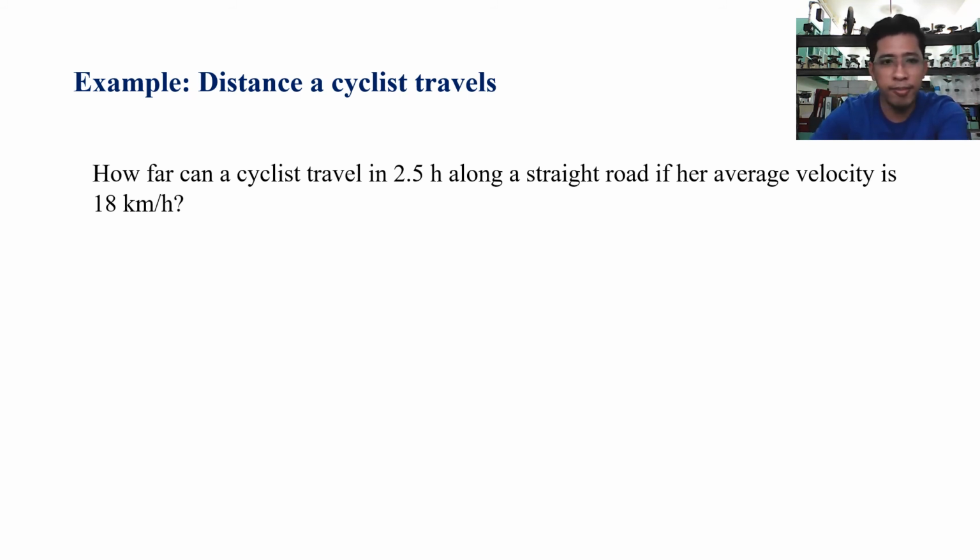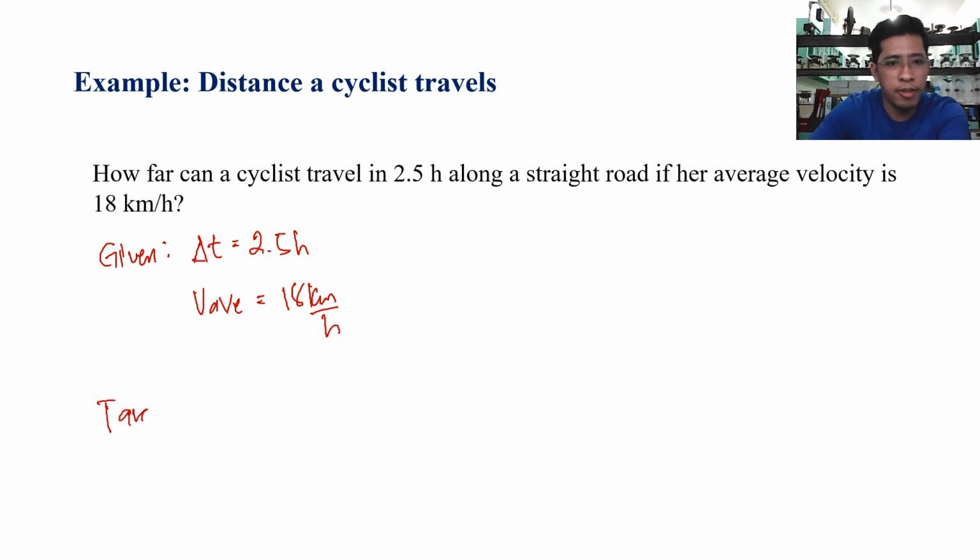In this problem, you're given the time, 2.5 hours, and the average velocity of 18 kilometers per hour. Our target variable is how far, meaning we are asked for the displacement delta x.